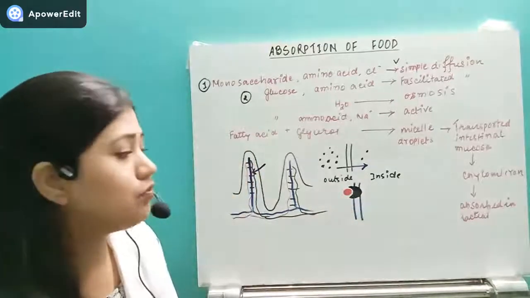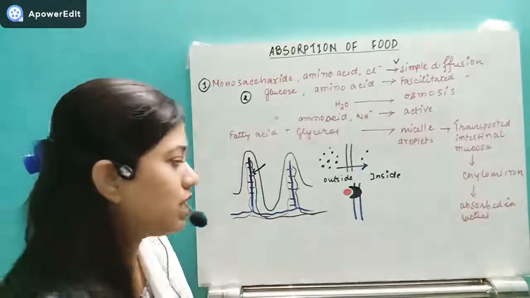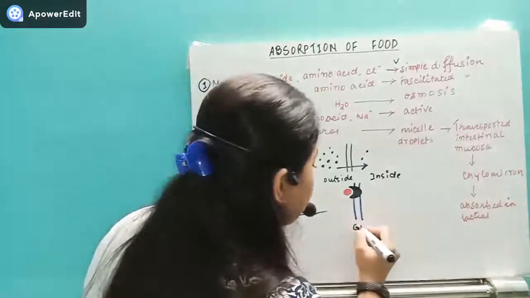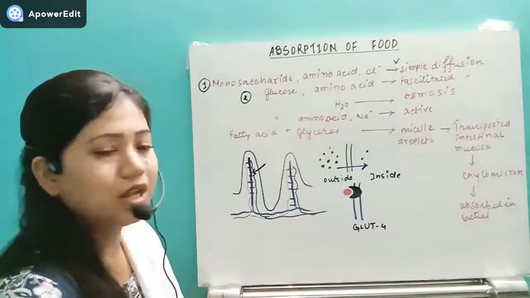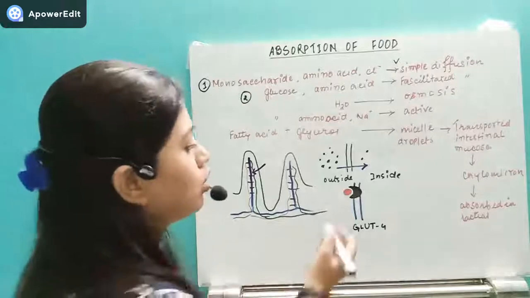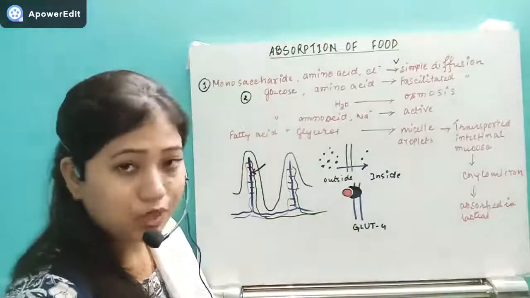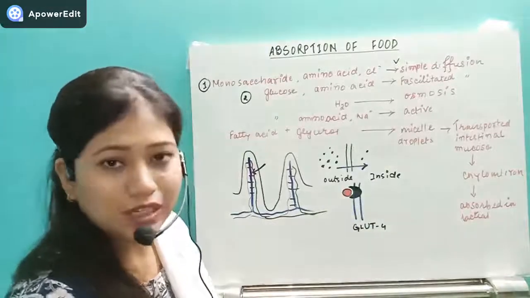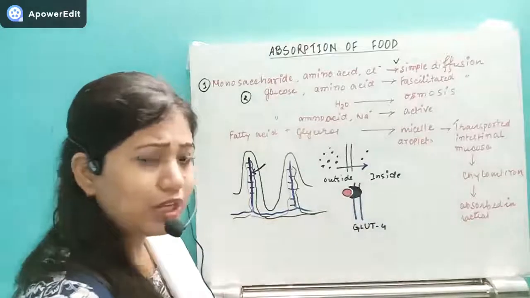There is one example of a transporter protein, that is GLUT4. So for the transport of the glucose molecule, we have GLUT4 on the plasma membrane of the cell, which is going to take the glucose molecule into it.